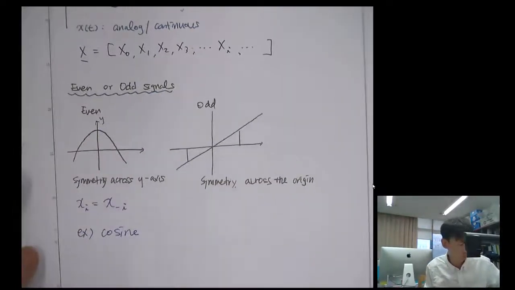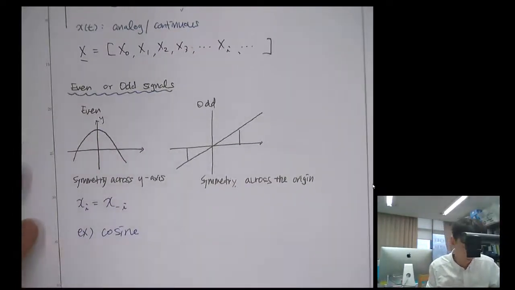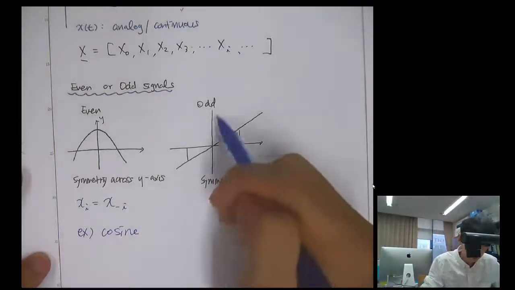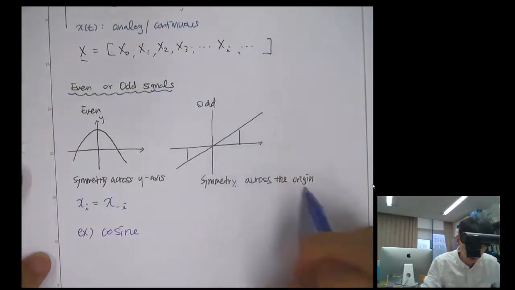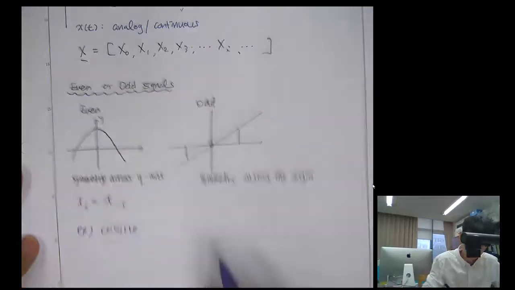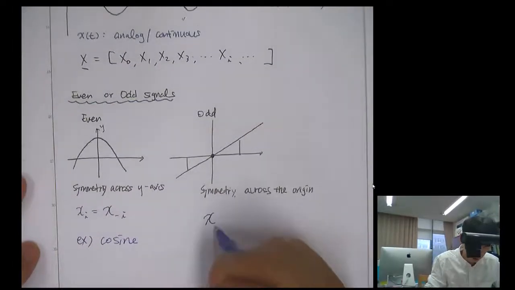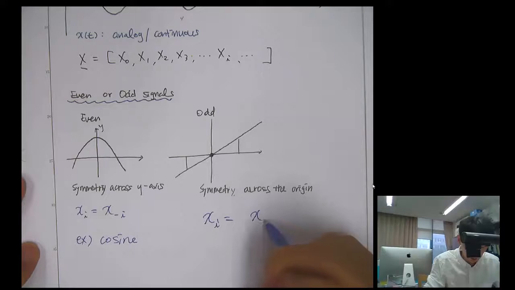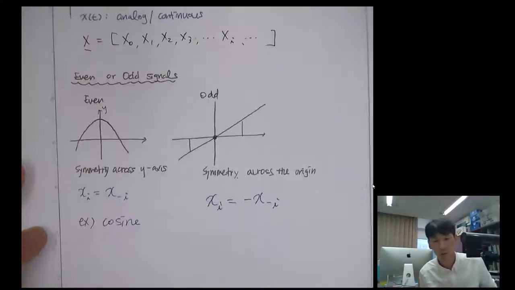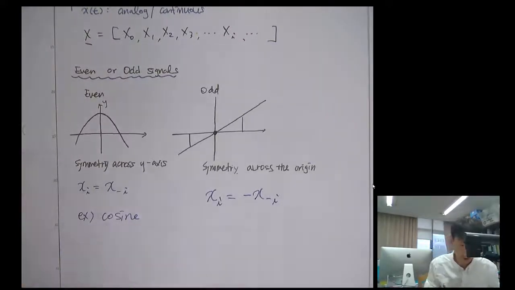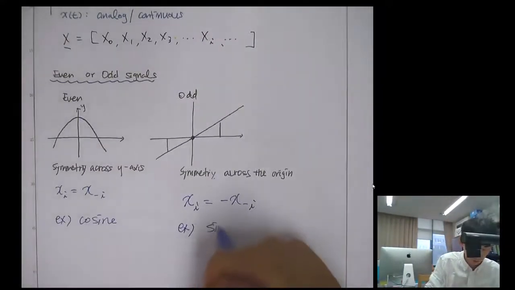When it's an odd signal, it's symmetric across the origin. So x i will be x minus i times minus 1, and one example is a sine signal.